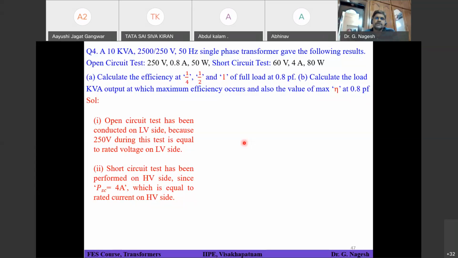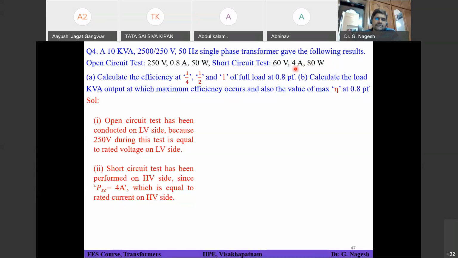Okay, so short circuit test data is given here. The short circuit test is conducted at full load current, because the full load 10 kVA divided by 2500 is 4 amperes. So full load current is flowing, and they have given your wattmeter reading. As we know, the short circuit test is done to calculate the copper losses.